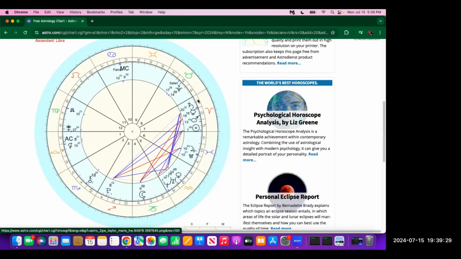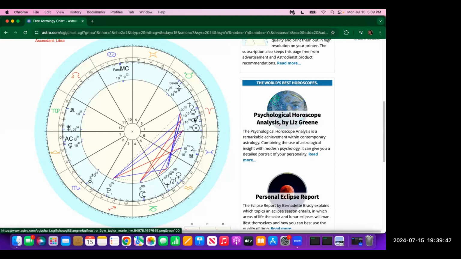Every house is ruled by a planet. So all the signs that you see in your chart are ruled by a specific planet. So for example, in modern rulership, Aries is ruled by Mars.